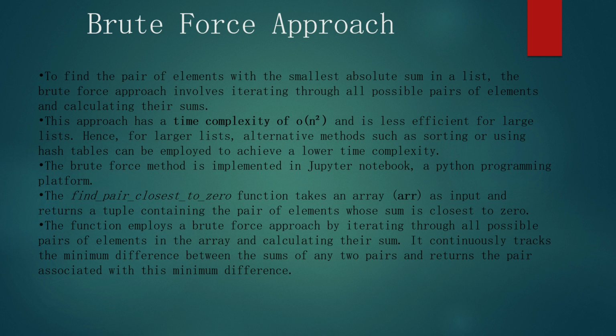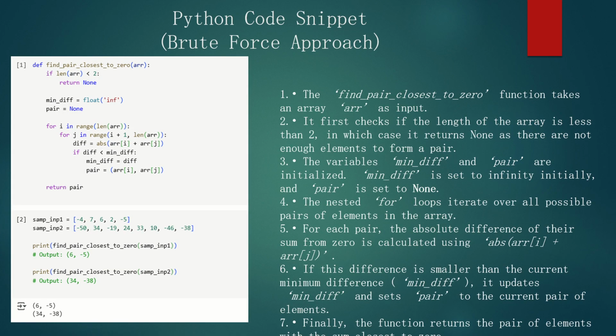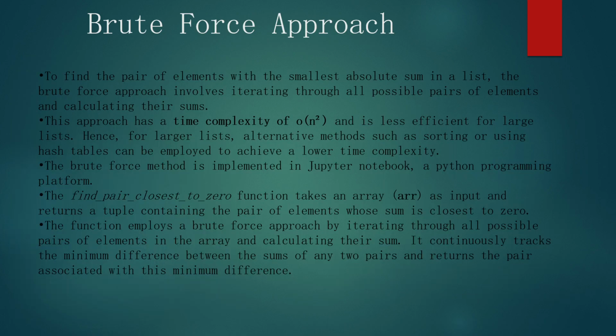The function employs a brute force approach by iterating through all possible pairs of elements in the array and calculating their sum. It continuously tracks the minimum difference between the sum of any two pairs and returns the pair associated with this minimum difference.